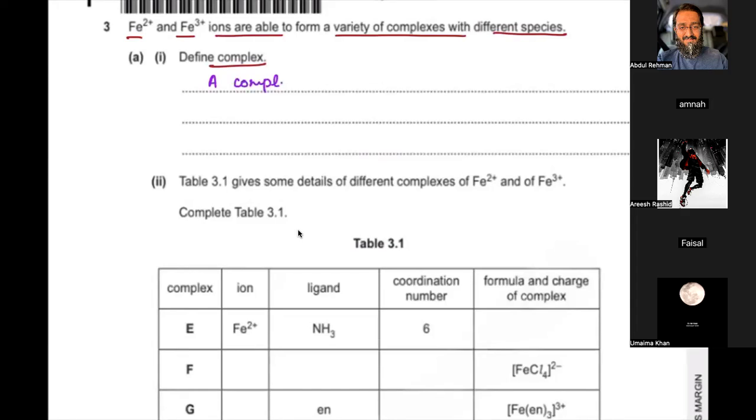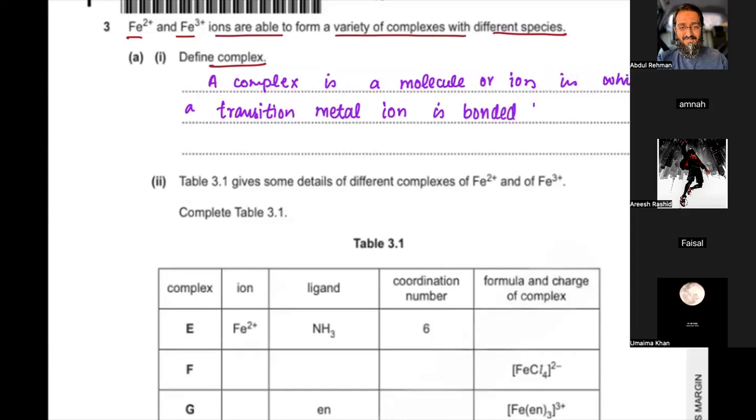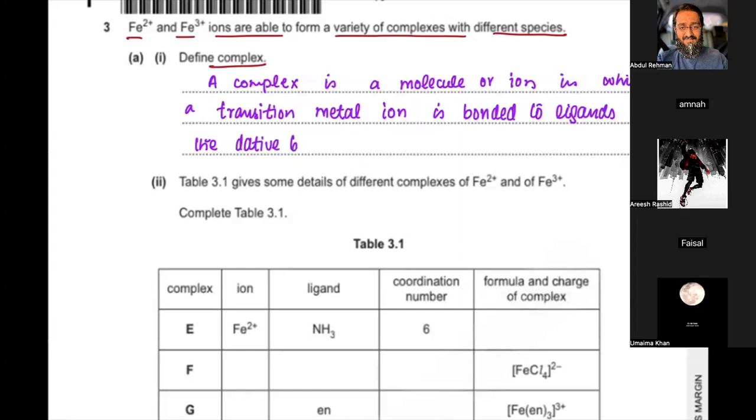A complex is a molecule or ion in which a transition metal ion is bonded to ligands by dative bonds.